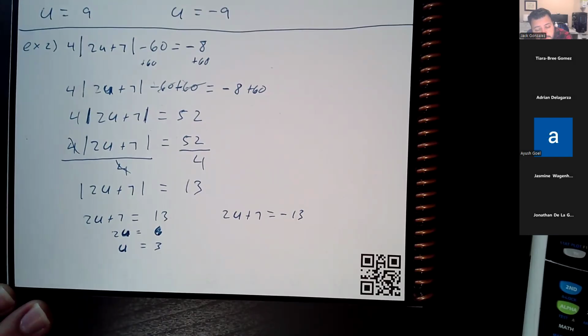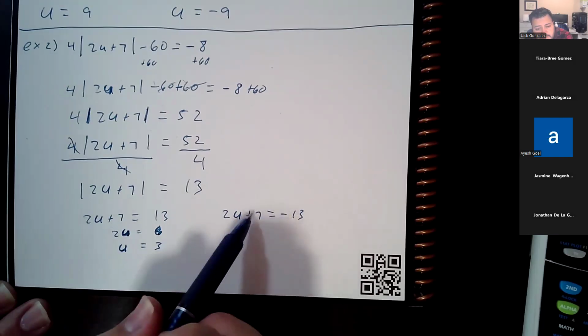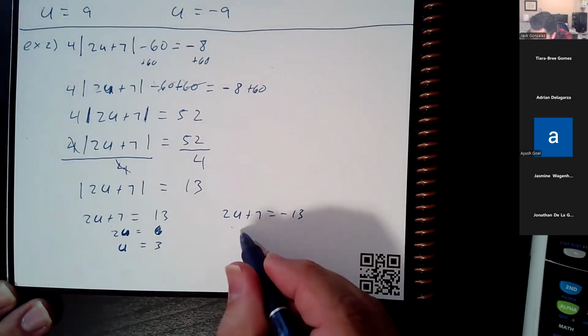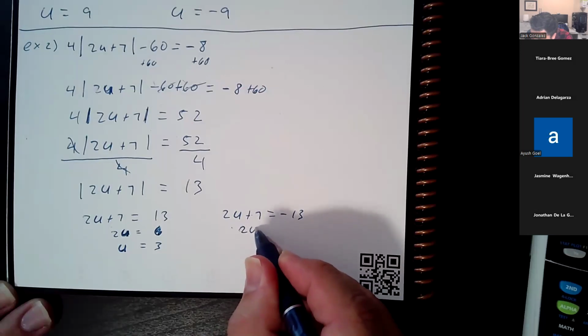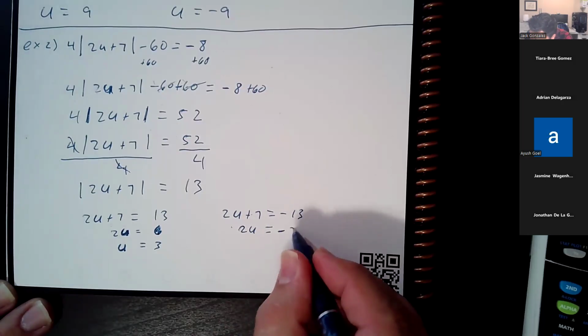So the other one, negative 13 minus 7. What's that going to be? Negative 20 divided by 2.